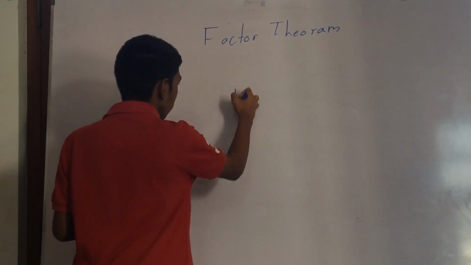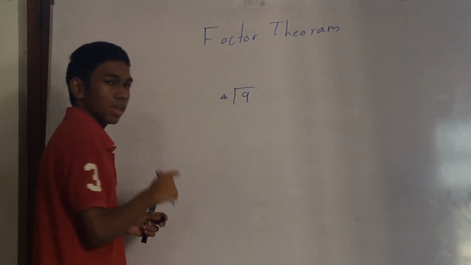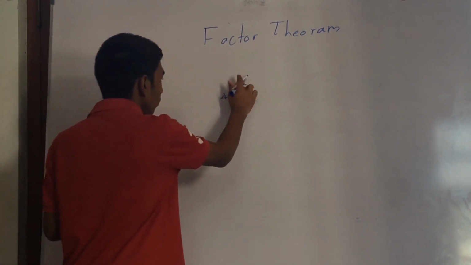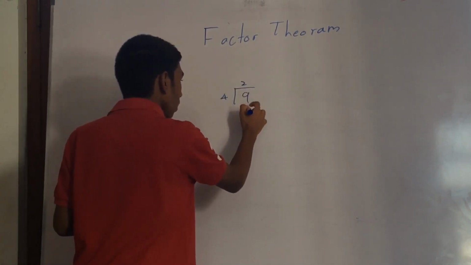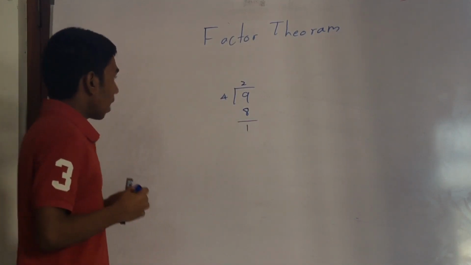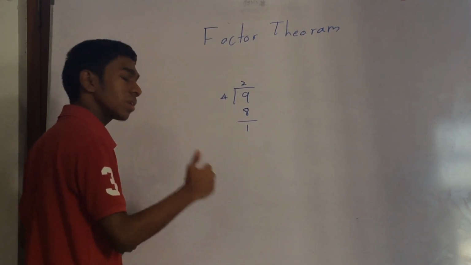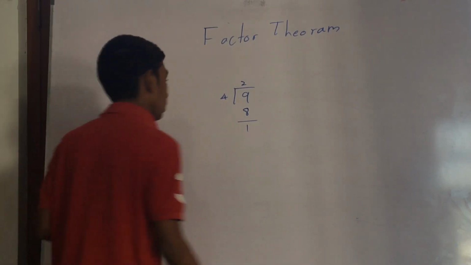If we divide 9 by 4, there is 2 fours in 9, so 2 into 4 will be 8, and 9 minus 8, the answer will be 1. So there's a remainder of 1. Likewise, we can divide polynomials or algebraic expressions in this same manner.